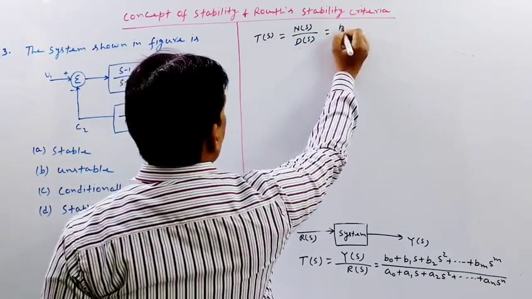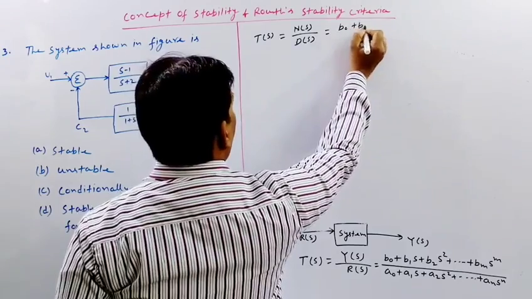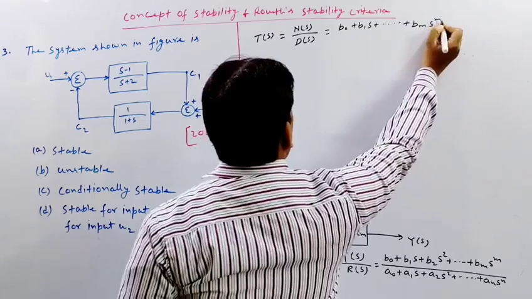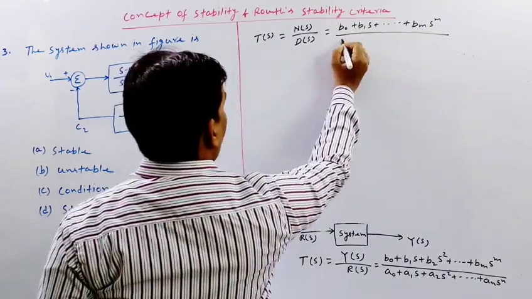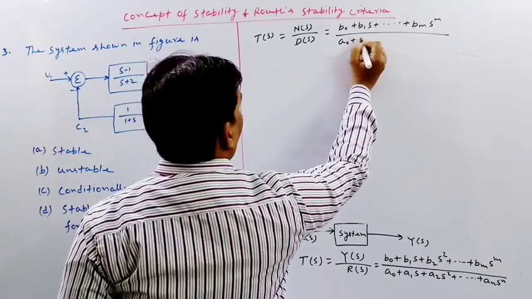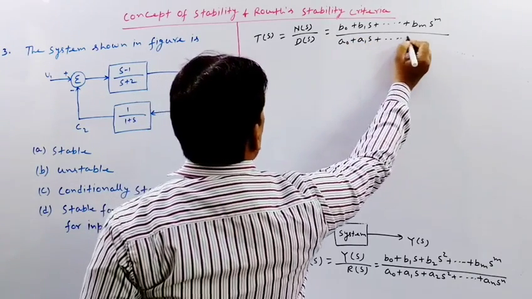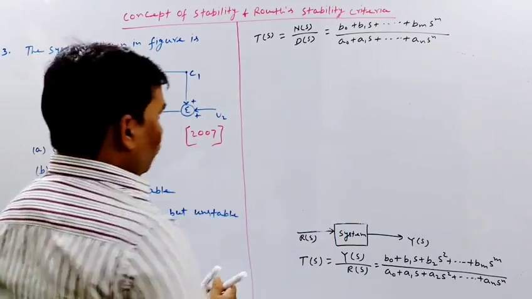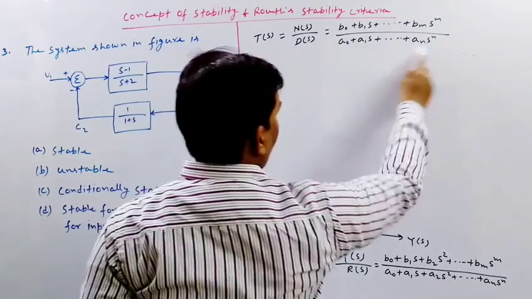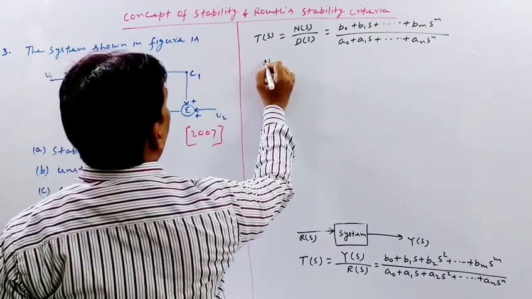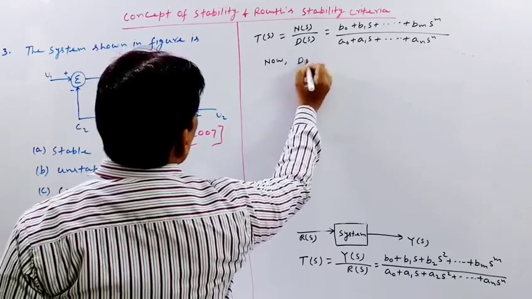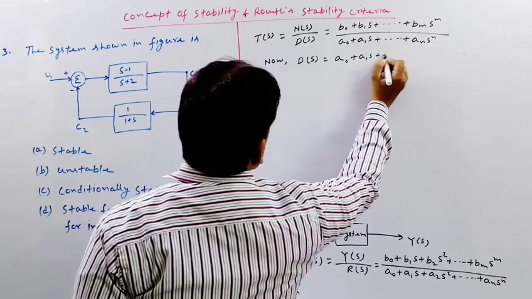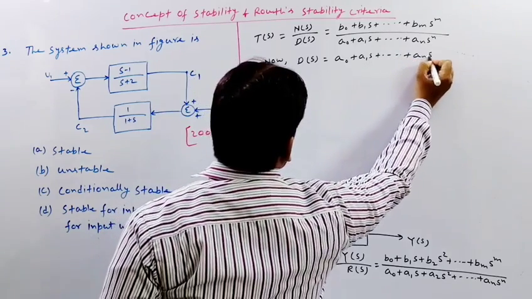So it is B naught plus B1 S dot plus Bm S to the power m divided by A naught plus A1 S dot plus An S to the power n. Now this D(s) is nothing but A naught plus A1 S dot plus An S to the power n.